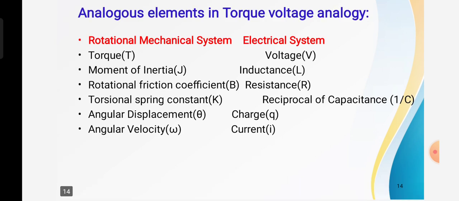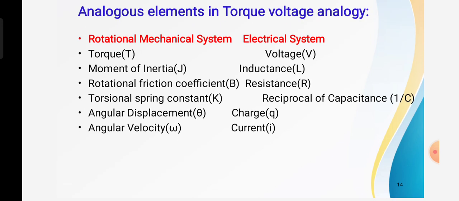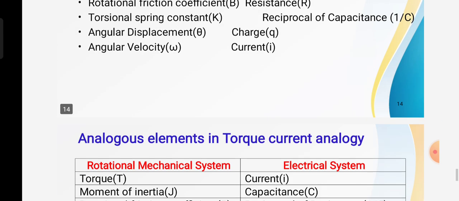Torsional spring constant is analogous to the reciprocal of capacitance. Angular displacement is analogous to charge, and angular velocity is analogous to current in the electrical system.